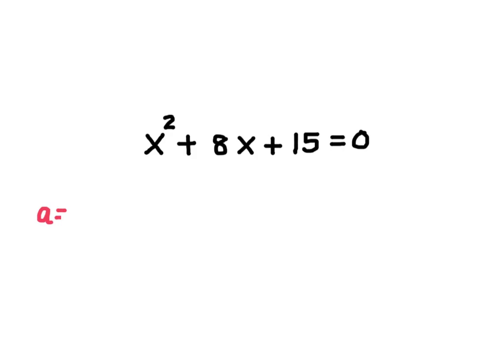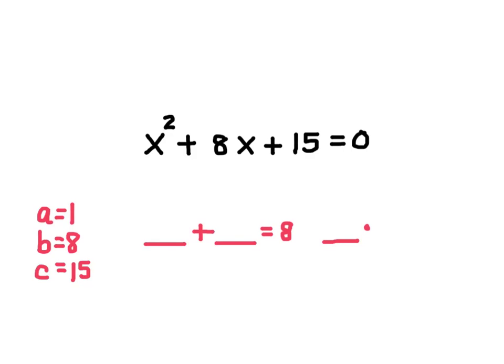A is 1, b is 8, and c is 15. What are the two numbers, m and n, such that if you add them together, you get b, which is 8, and if we multiply them by each other, we get c, which is 15?